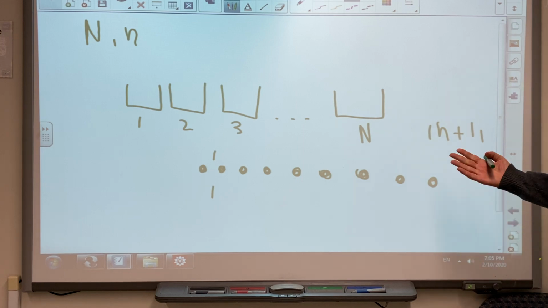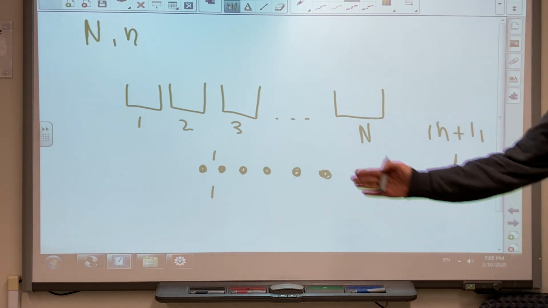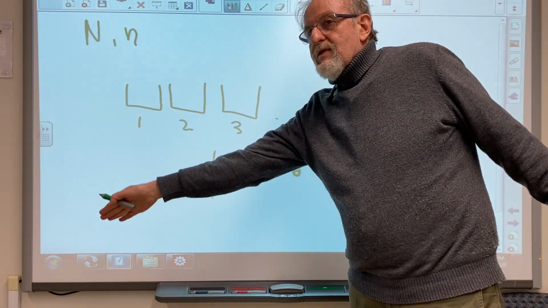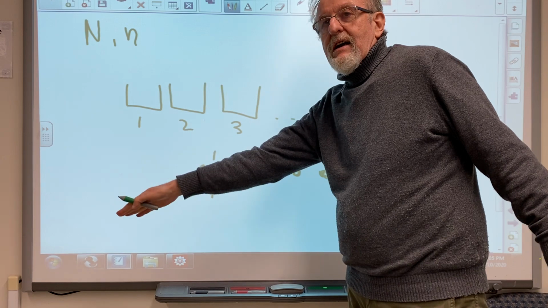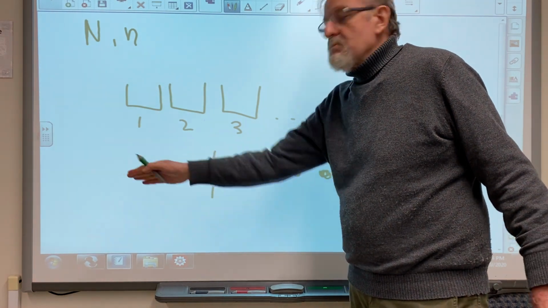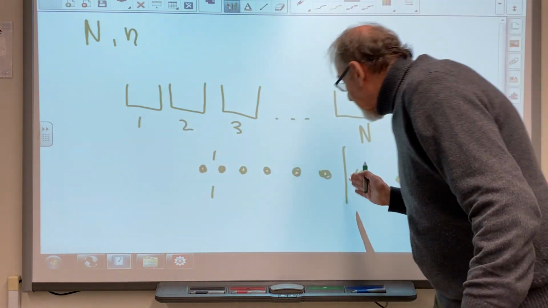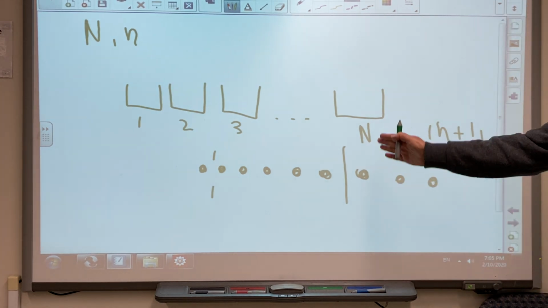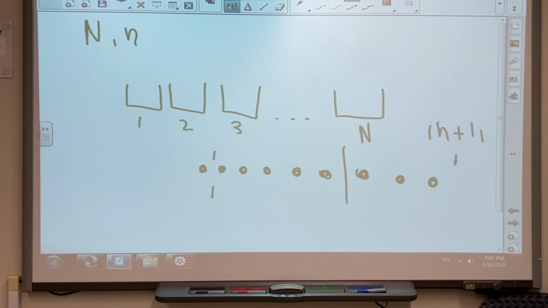And if I have 3 boxes, then what I have to do is put 2 lines here. The region to the left of the first line is box number 1, between line 1 and line 2 is box number 2, and to the right of line 2 is box number 3.